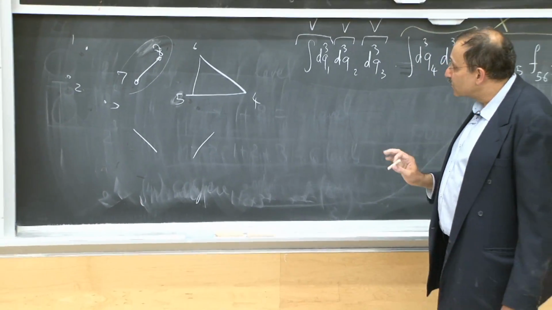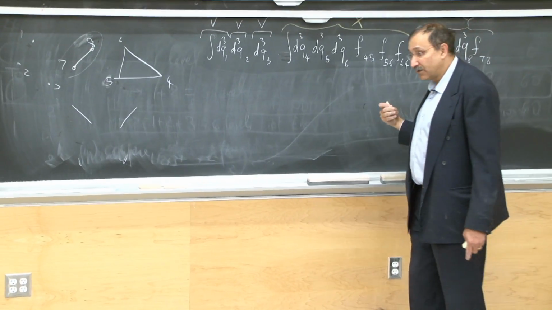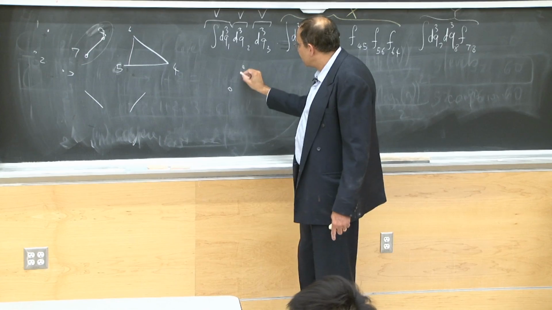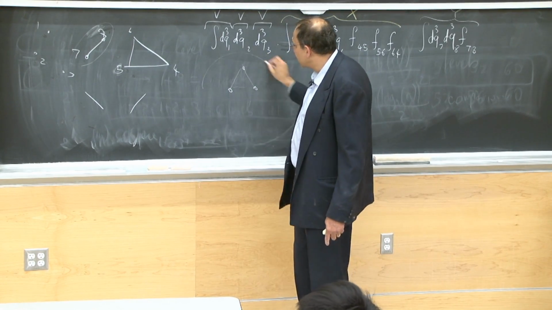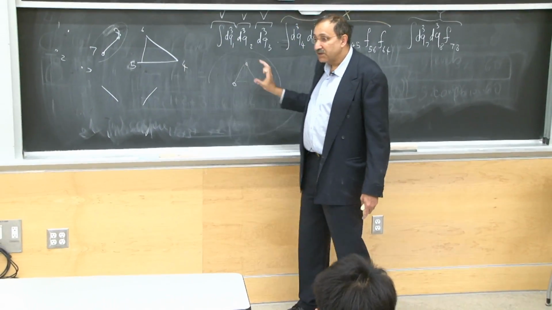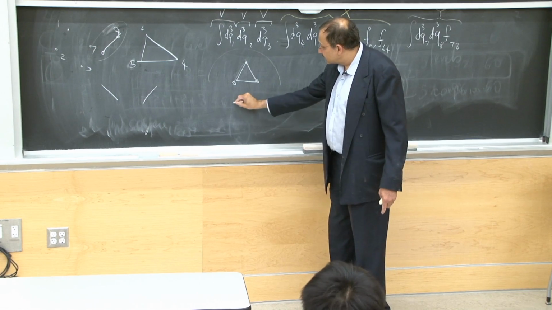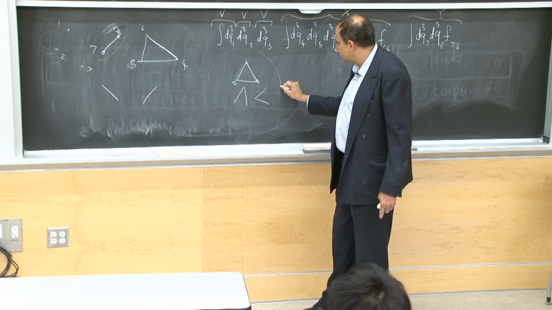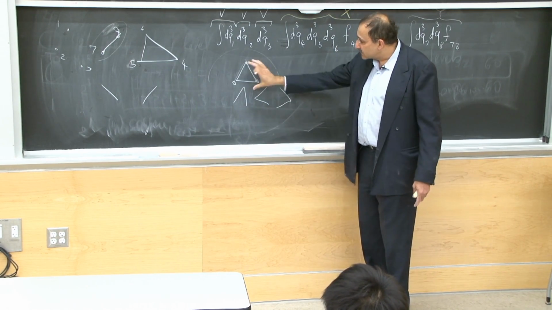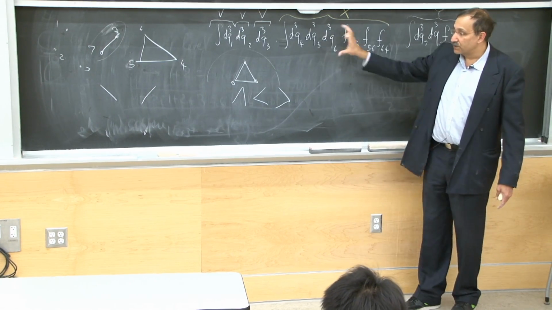Okay? So what I want to do in order to make my algebra easier later on is to say that, let's say, these 3 points are part of a cluster. They are connected together somehow. So they will be giving me some factor. Now, they are connected if they are connected like this, like this, like this, like that. So basically, any one of these is a way of connecting these 3 points so that they will make a contribution together.